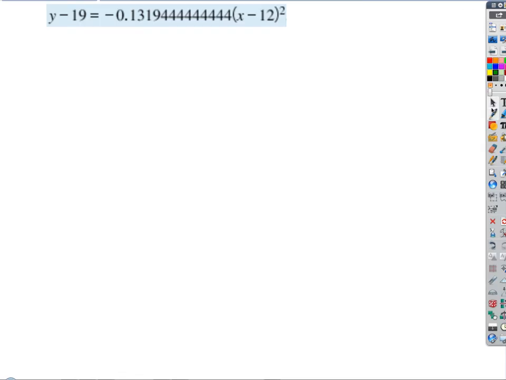So I'll flip this around. On the left side, I've got x minus 12 squared equals, and I'm going to divide each side through by this horrible decimal. So on the right side, I'm going to have the quantity y minus 19 times 1 over negative 0.13, blah, blah, blah.